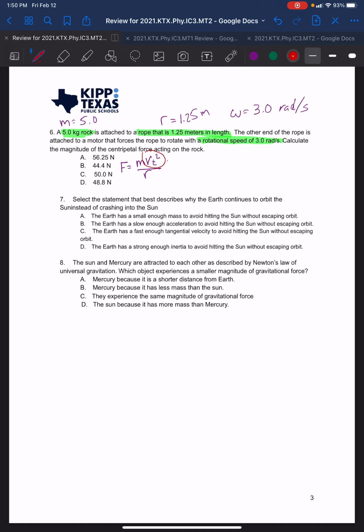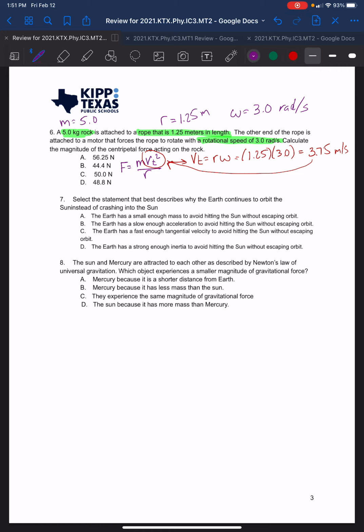We have to go calculate velocity. And velocity is equal to radius times rotational speed. So in this case, that's going to be equal to 1.25 times 3.0. And so that'll be equal to 3.75 meters per second.